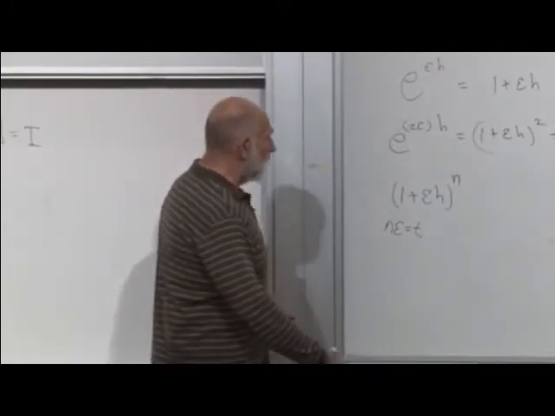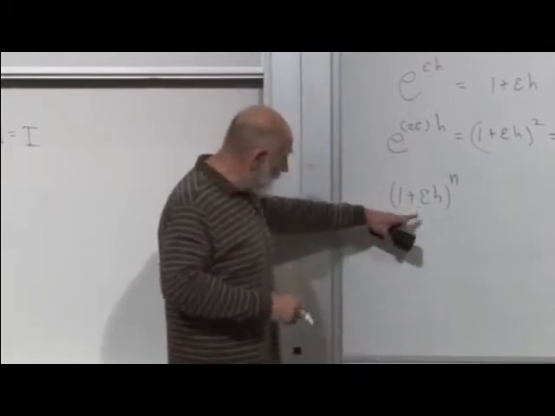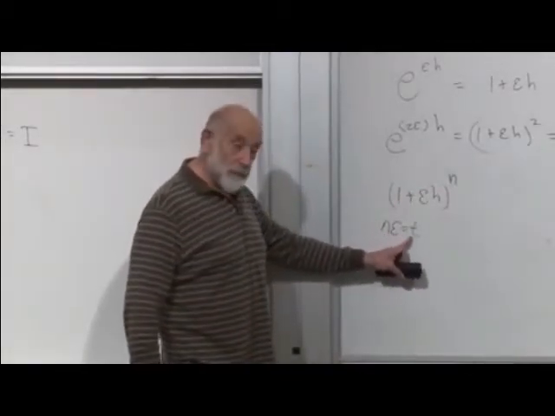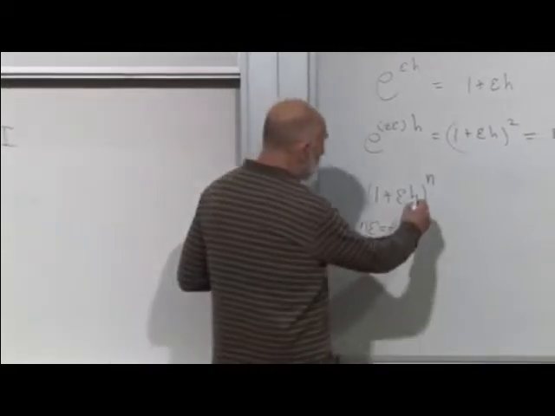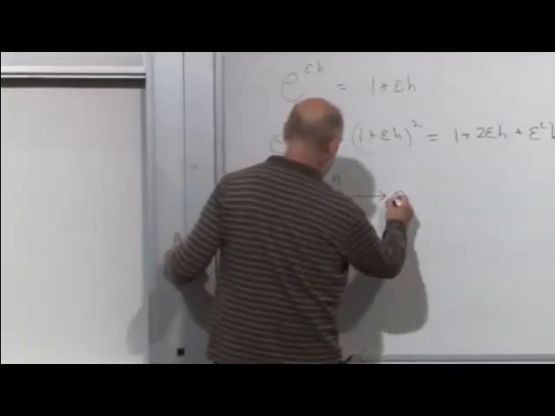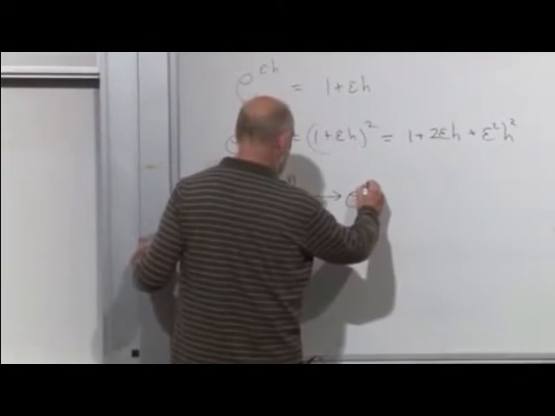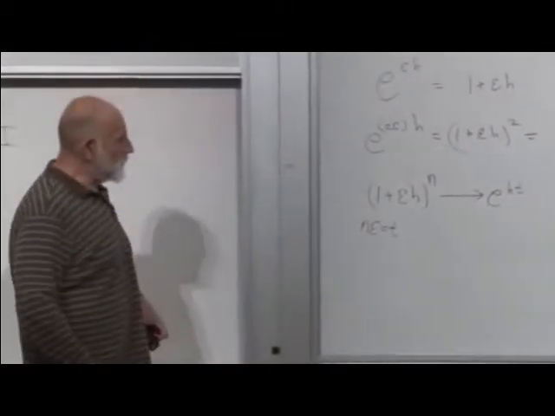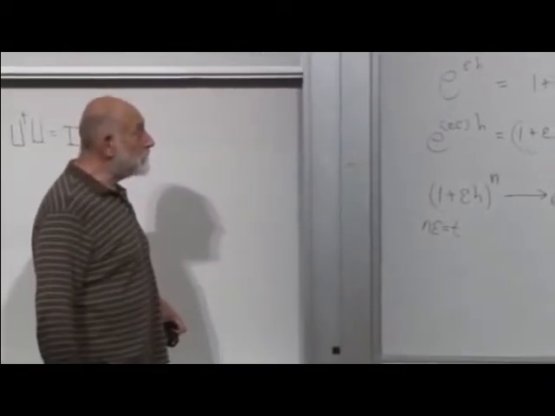It's a rigorous theorem that as epsilon gets small and n gets large, in such a way that n times epsilon is kept fixed, this just becomes e to the ht.